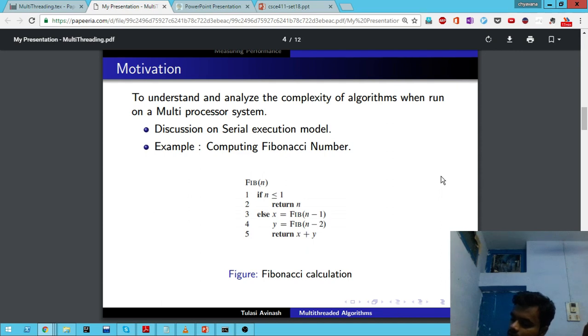If it is sequential then it is fine, but if we have a lot of resources and we are basically just doing an addition, then we are waiting for nothing. This process is doing nothing. So the main motive of multi-thread algorithms is to minimize the waiting, to maximize the utilization of resources.